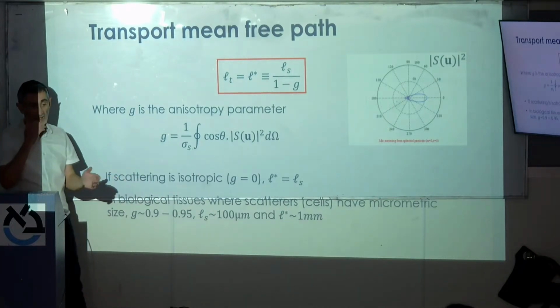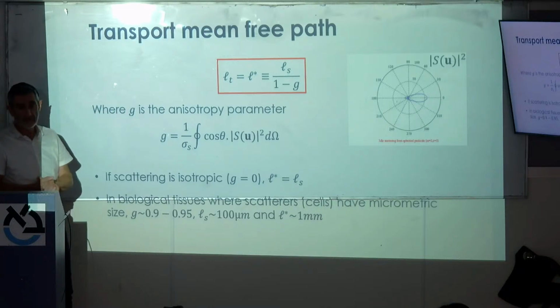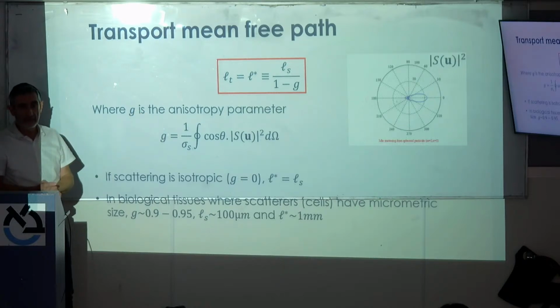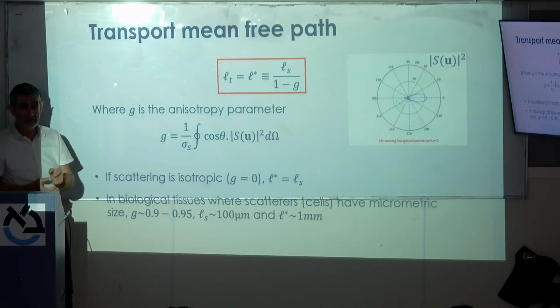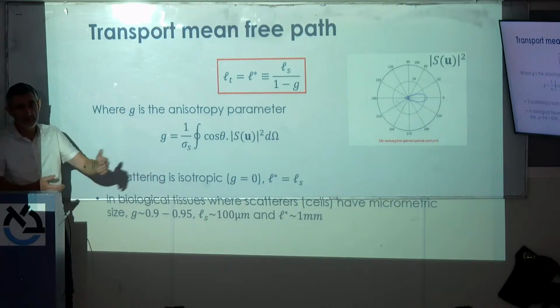As soon as you have a scattering event, it changes direction, and it is lost. So these ballistic photons are lost after 100 microns. But now, if the scattering has a tendency to be in the forward direction, the direction of emission is lost after a much longer length, which is the transport mean free path.